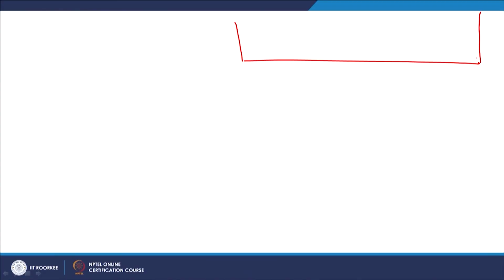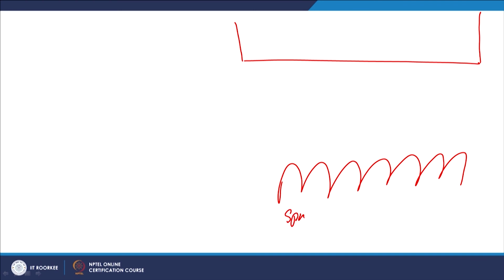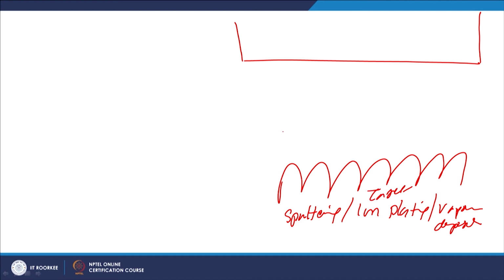So, what is the general principle of this process? There is a substrate and a suitable source of the target material to be deposited, and this may be in case of sputtering, ion plating, or vapor deposition. The target material provides the atoms, ions or vapors, which will move towards the substrate.